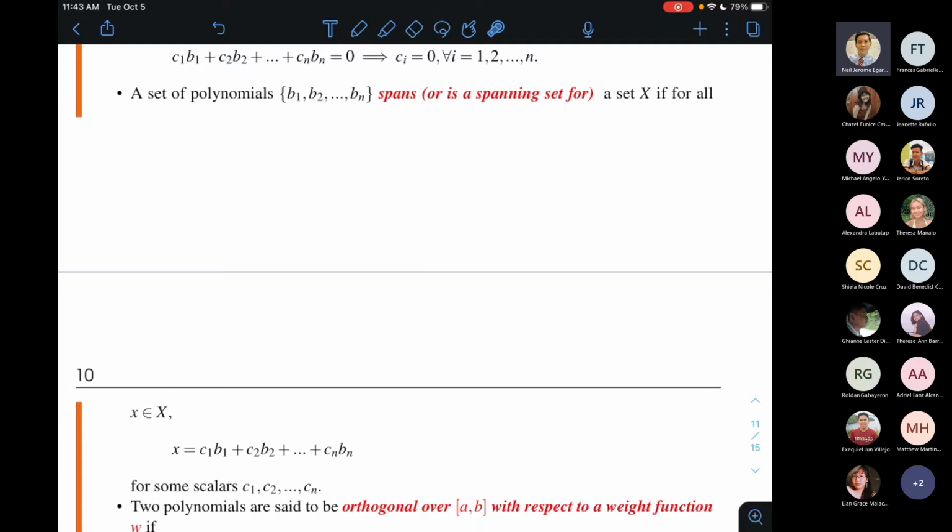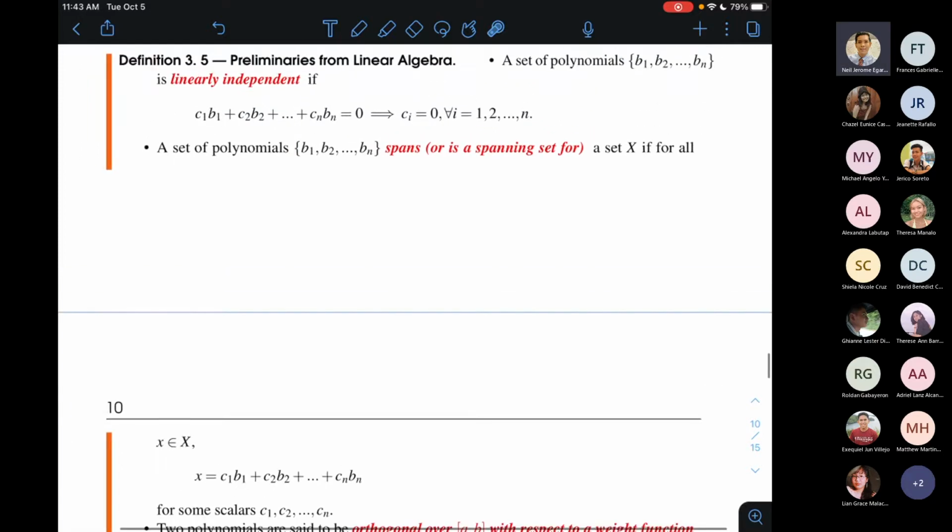So this is nice because it means every element of capital X can be expanded as a linear combination of the B_i. Okay. And I don't know if you have encountered the term basis, though probably this is very linear algebraic. A set that is linearly independent and is a spanning set for a certain vector space is called a basis.